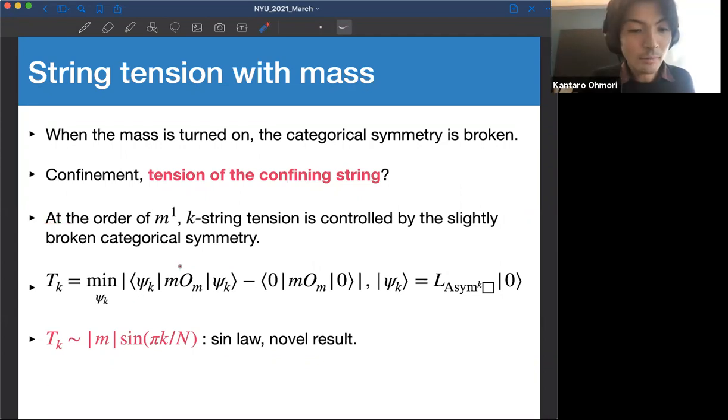In particular, if we consider the tension of the bound states of K strings, the tension is not just multiplied by K, but instead we found that it should go like this. There's some undetermined constant, but the K dependence is like a sine, and I think this is the novel result about this system.